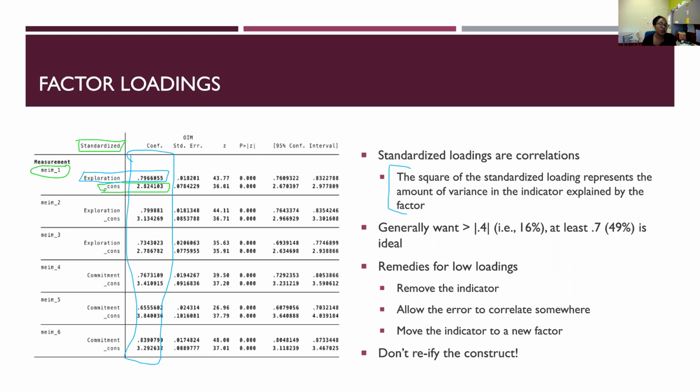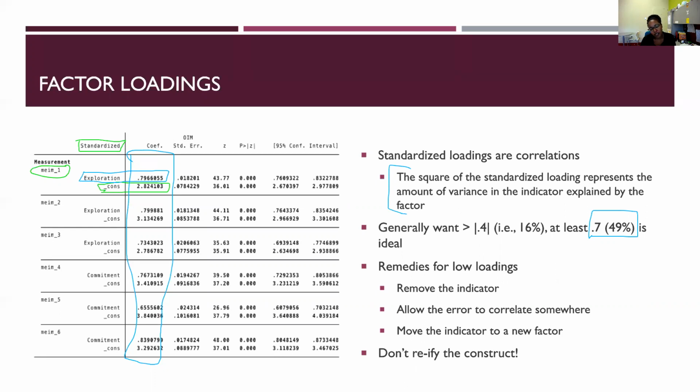So that's where you get to the 0.7. 0.7 is where you have 49% of the variation in an individual item being explained by your latent construct. That's where that number comes from, and that's why we want to see 0.7 in these standardized loadings. We'll talk about where some of the other variation could be coming from a little bit later. But you want high loadings as close to 1 as possible, above 0.4 at least, above 0.7 ideally.